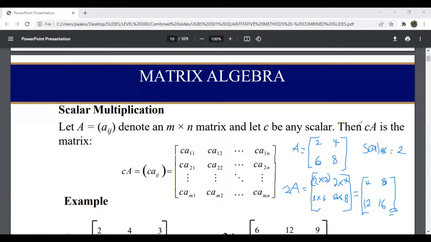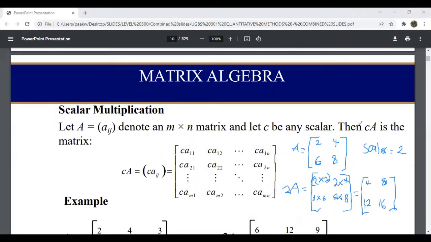So that's what we are talking about, scalar multiplication. The important thing is that the scalar shouldn't be 0. That's why we call it a non-zero scalar. It can be negative, it can be positive, but it cannot be 0.